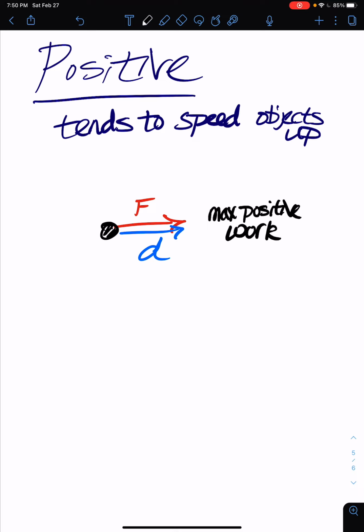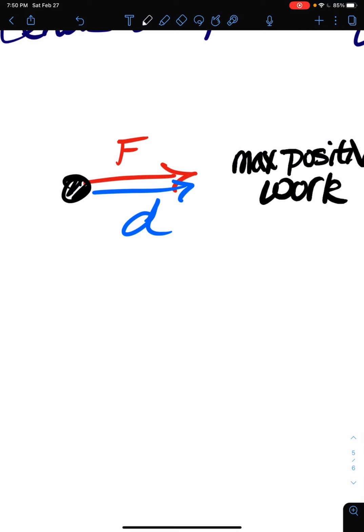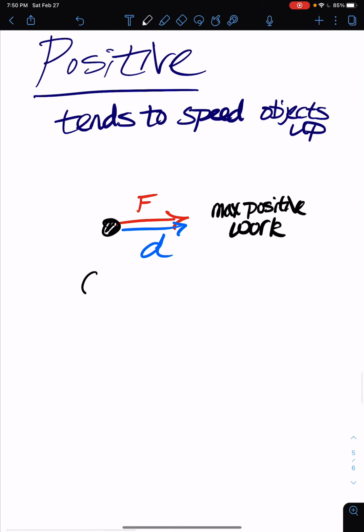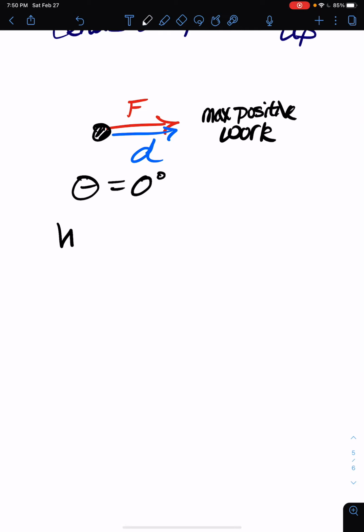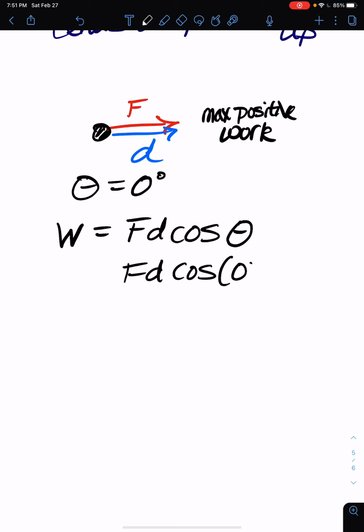What's the angle here between F and D? Notice I drew them tail to tail. The angle, which there isn't any. You might say, oh, there's a little bit of an angle there between the red and the blue line. Okay, well, I would have drawn them right on top of each other, but it's hard to see. So I drew them like that. So the angle here is 0. And if you think about it then, when you're doing a max positive work example, you have W equals FD cosine theta, and what is the cosine of 0?